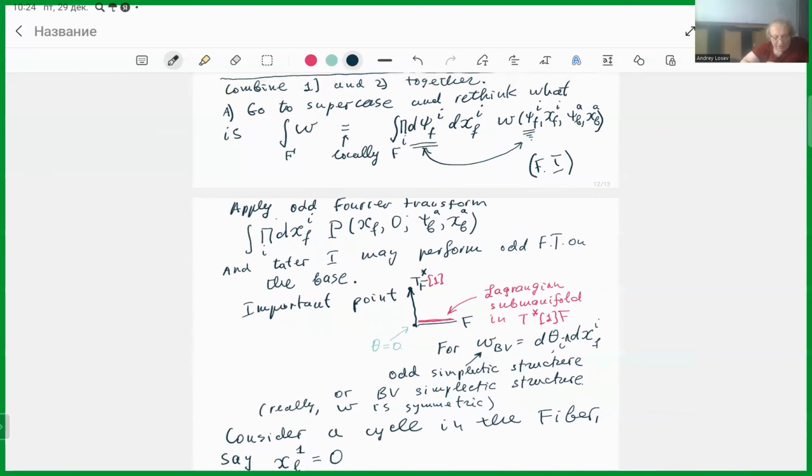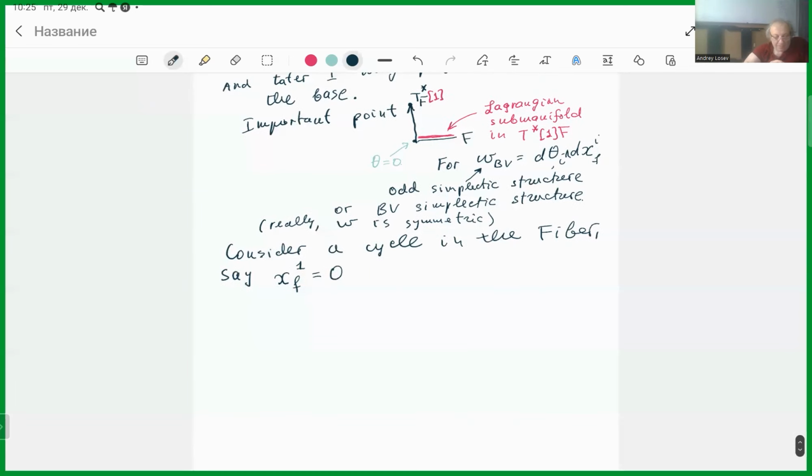So if x fiber 1 equals to 0, how am I doing the integral? I am doing the integral over dx fiber 2, d psi fiber 2, etc., dx fiber n, d psi fiber n.